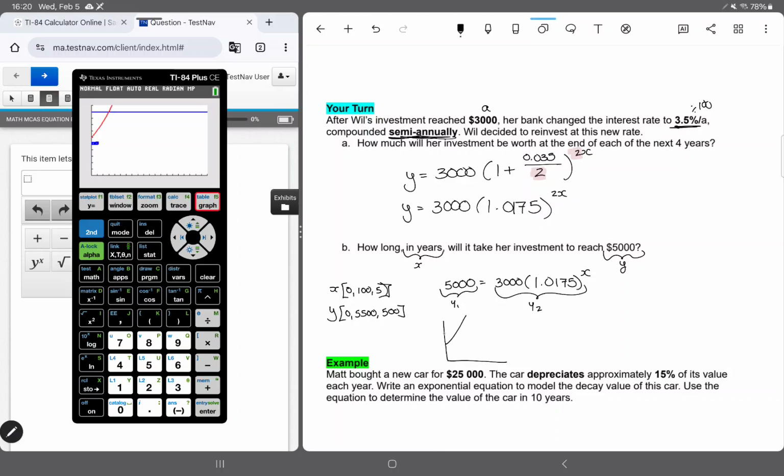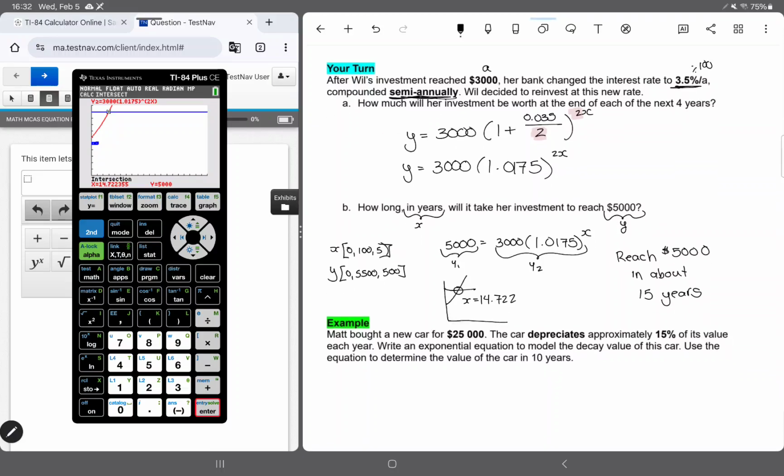We're looking for the intersection. So again, x equals about 15. So we reach $5,000 in about 15 years.